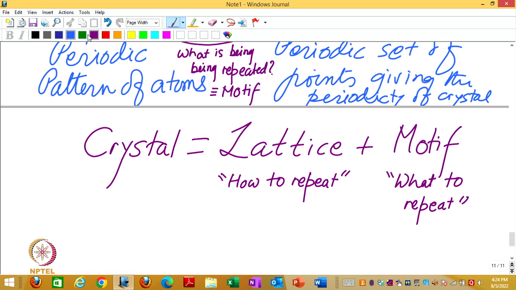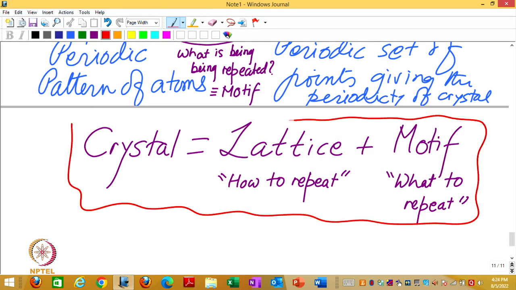So, this is one of the important central equations, but this plus, as you can see, is not an arithmetic plus or a vector addition or a scalar addition.